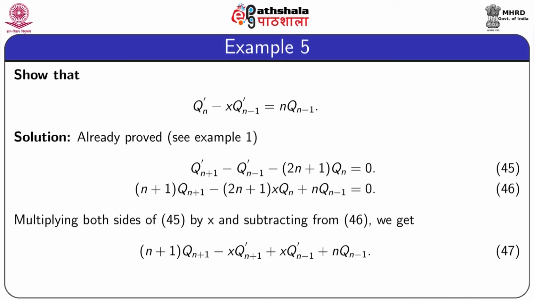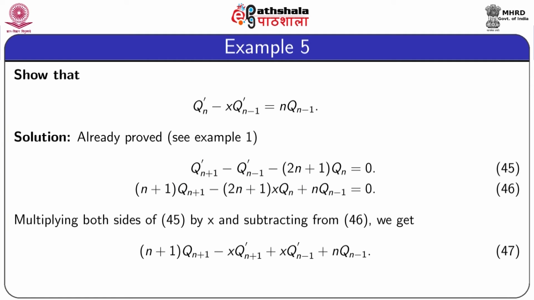We now look into the recurrence relation, which we have to prove here. Q'n(x) minus x Q' n minus 1(x) is equal to n Q n minus 1. Please see example 1, where we have proved Q' n plus 1 minus Q' n minus 1 minus (2n plus 1) Qn equal to 0.